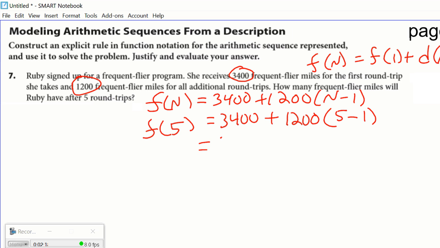So that's going to leave us with 3,400 plus 1,200 and 5 minus 1, which is 4.